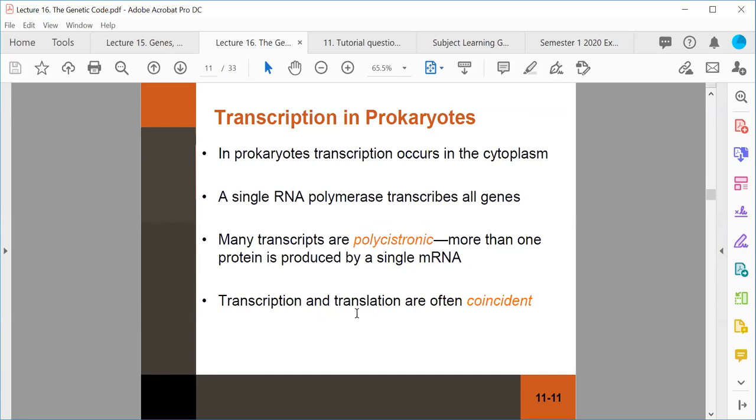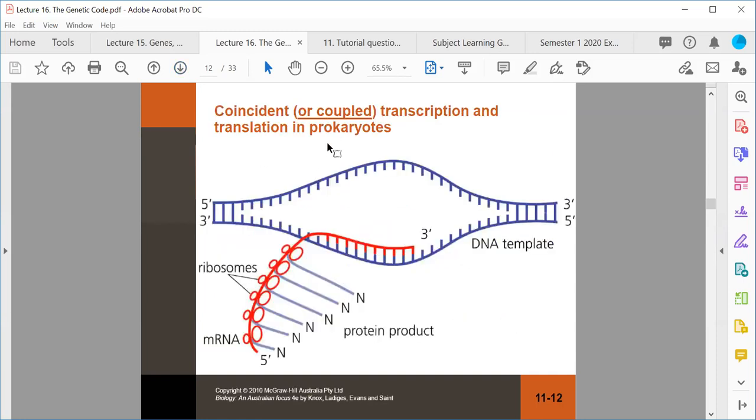Transcription and translation in prokaryotes often occur at the same time. So they are referred to as coincident or coupled. Okay, and you can see this occurring here. So transcription of a gene, or maybe more than one gene at the same time, say 3 genes, is occurring at the same time.